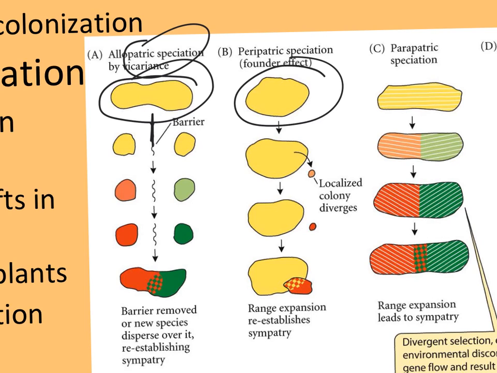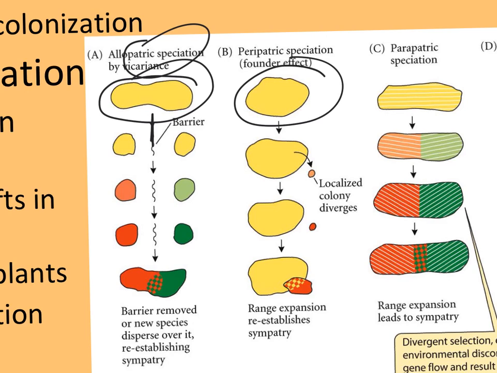Well, first of all, the population that disperses probably doesn't have a full complement of all the alleles found in the actual population. But there's still no more breeding going on, localized colony. They start diverging because of different selective forces, genetic drift. Small population, drift is strong; large population, genetic drift is weak.